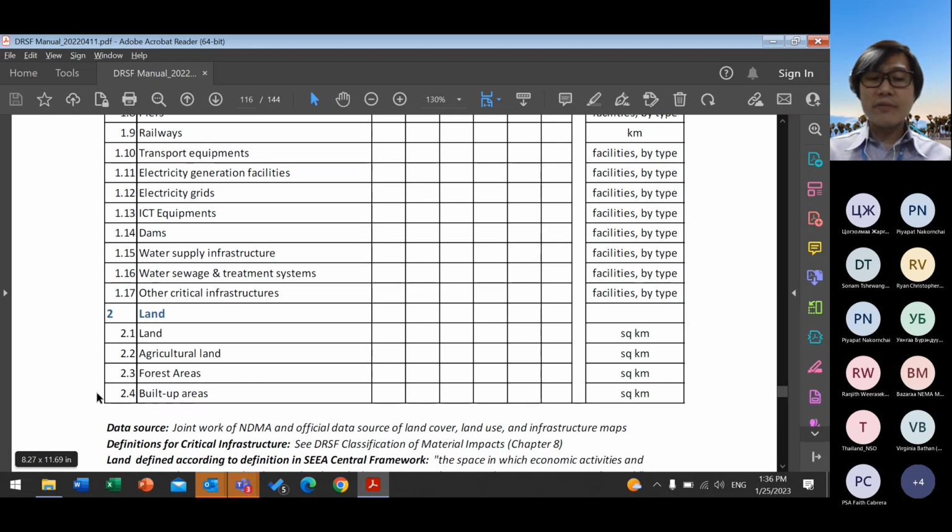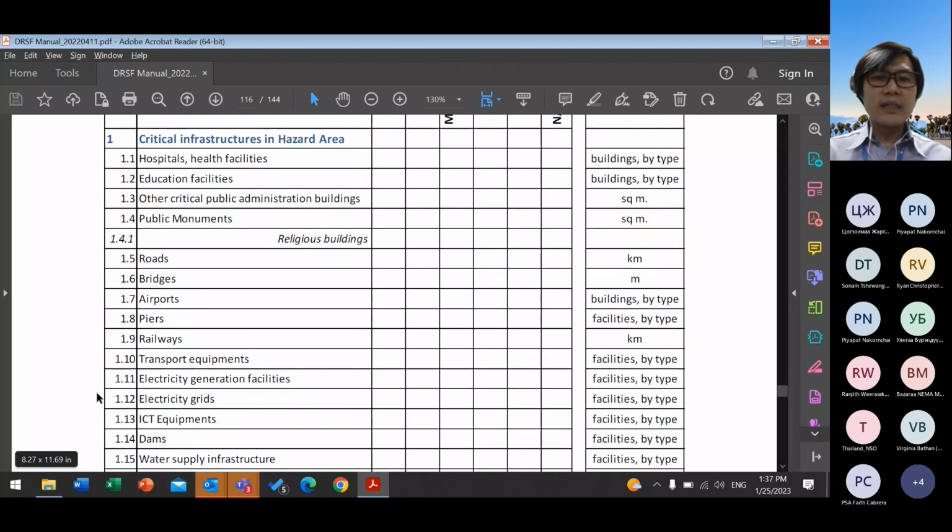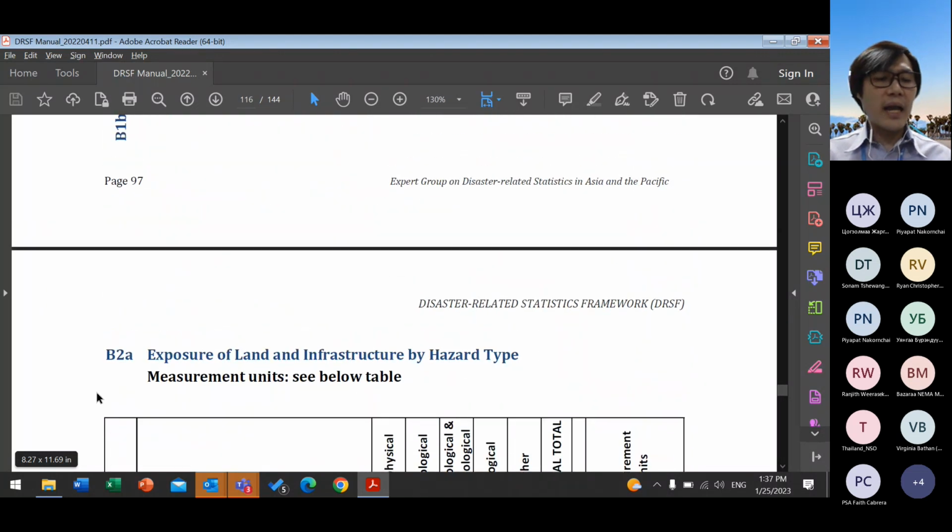Another set of information is about land, and we generally follow broad land cover classification. We have agricultural land, forest land, built-up areas, and that would be in terms of their exposure to different kinds of hazards. So these are the two tables that Mongolia and Bhutan have looked at over the new years as well, and they have done an incredible job and also excellent work in visualizing some of the key information.